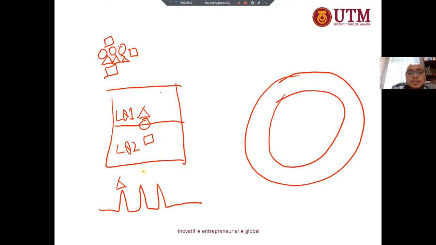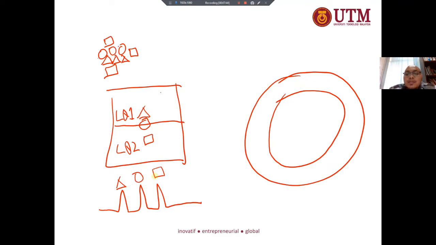The circle will be in the middle since it has the capability to interact with both phases, liquid 2 and liquid 1. The square, because it loves the stationary phase the most, liquid 2, will elute last.